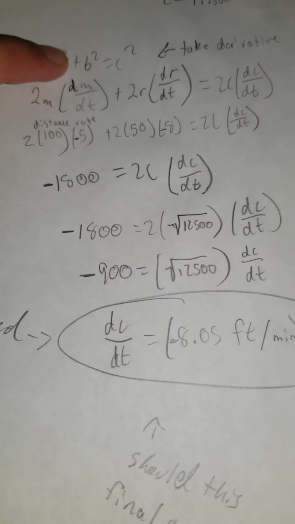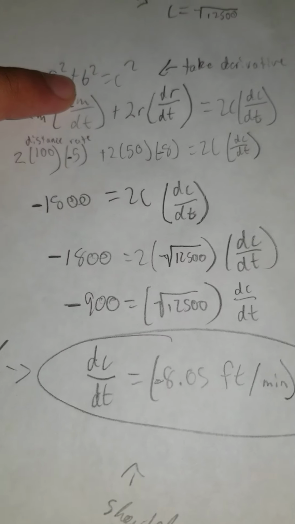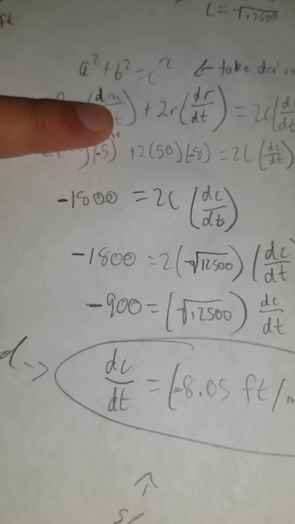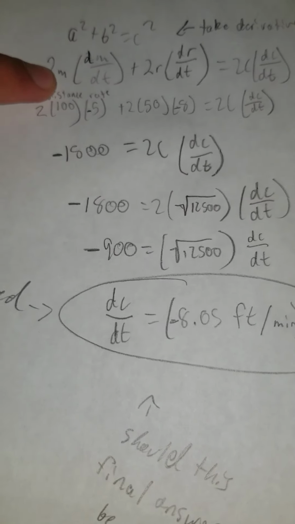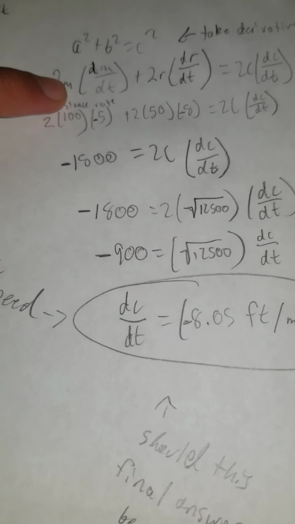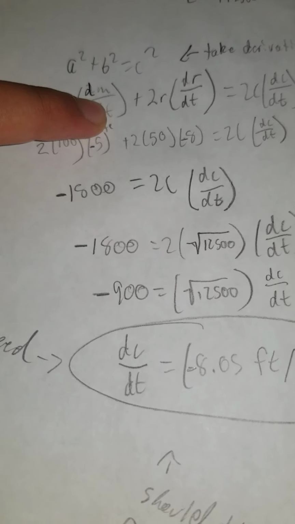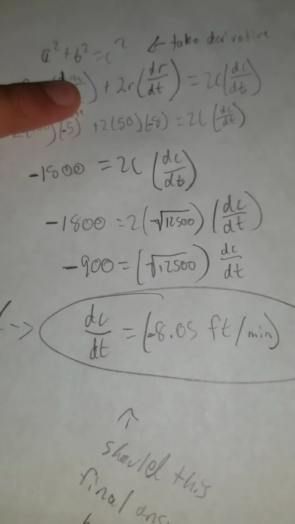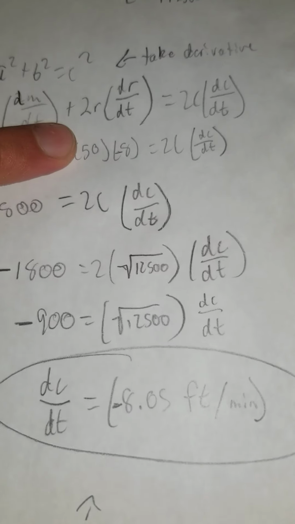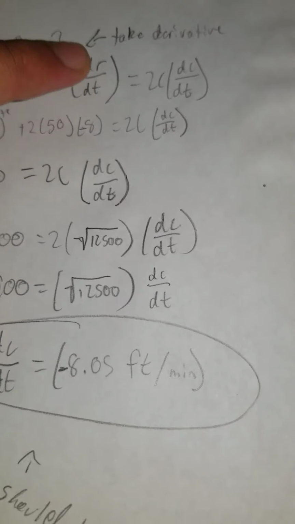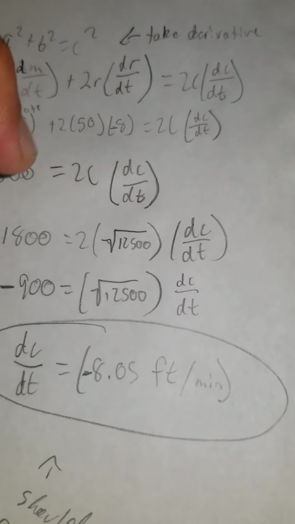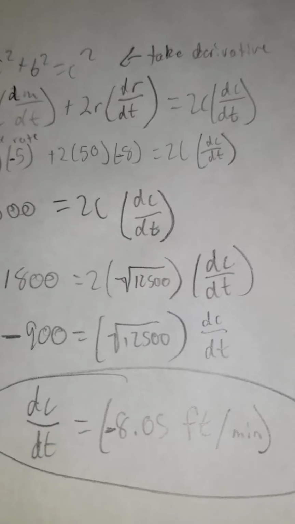So now we have our a, which is our m, so 2m times the derivative of m with respect to time, plus 2r times the derivative of r with respect to time, equals 2c times the derivative of c with respect to time.